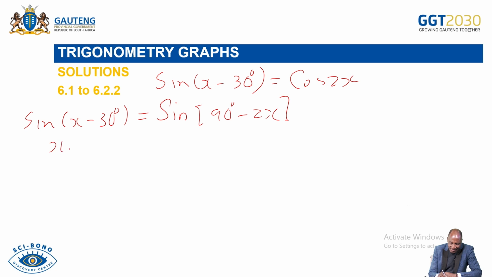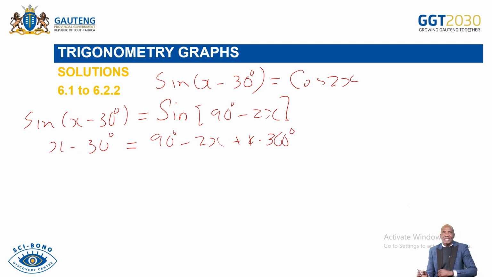Therefore, x minus 30 degrees should be the same as 90 degrees minus 2x plus k times 360 degrees, which is the period in sine. Then from there, we rearrange, group like terms together and solve for x. Then we are going to get 3x equals 120 degrees.